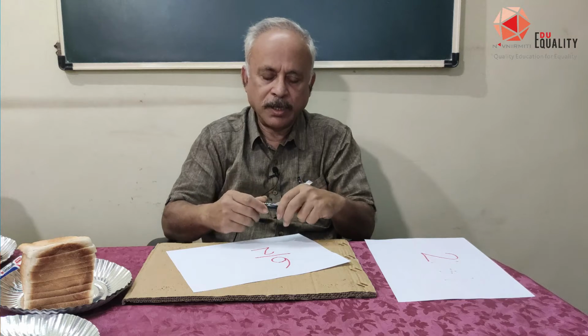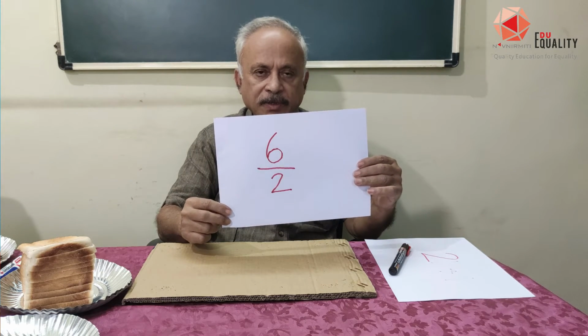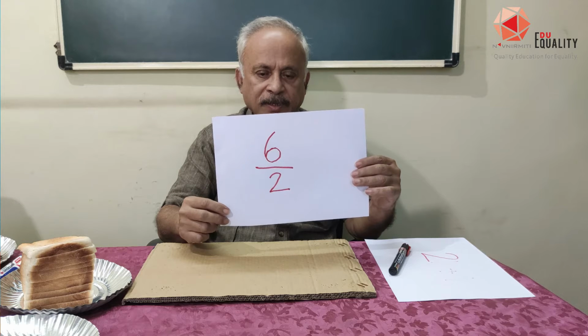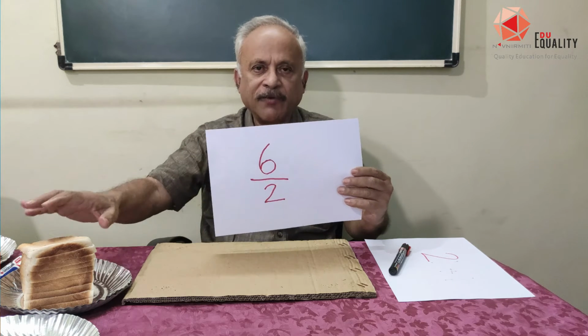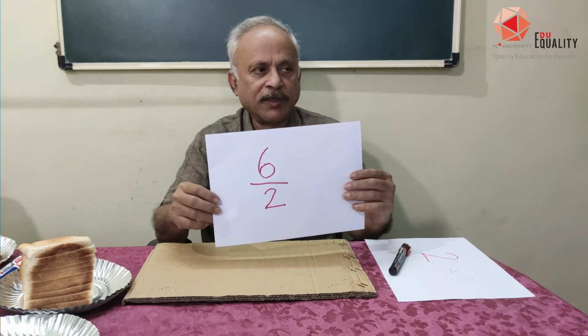But now I want you to do this division problem not with circles but with slices of bread, which I have here with me. So how many slices of bread should I give you?